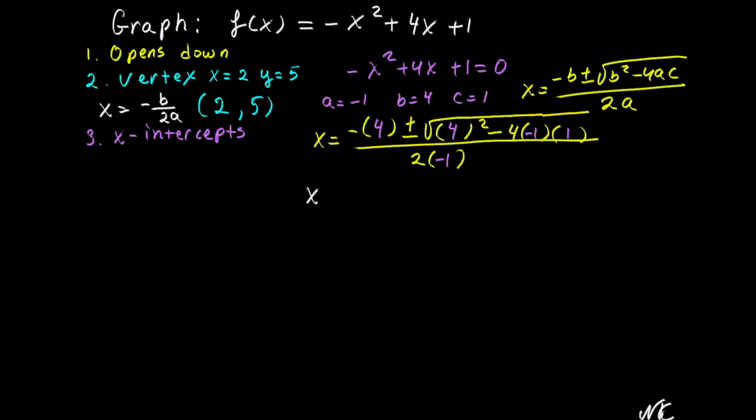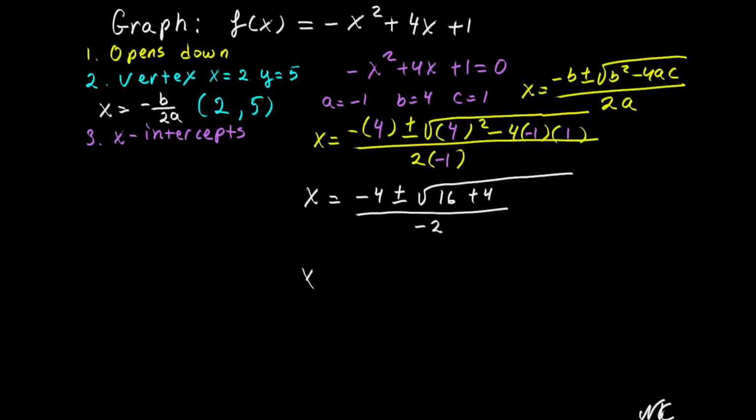This will give us x is equal to negative 4 plus or minus the square root of 4 squared, which is 16, minus 4 times negative 1 times 1, which gives us plus 4, over 2 times negative 1, which is negative 2.